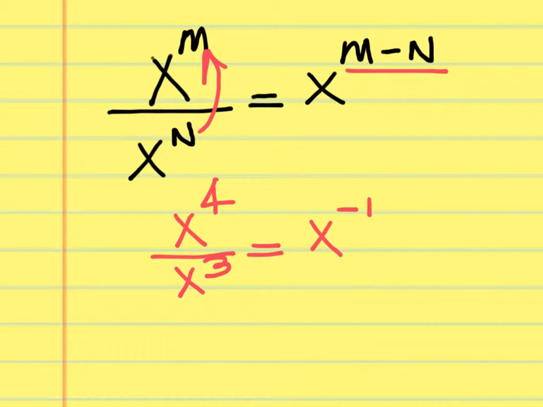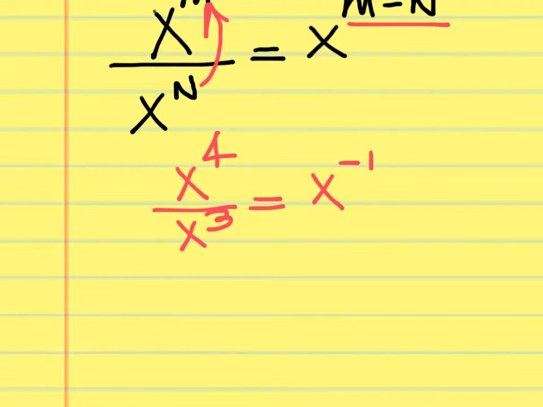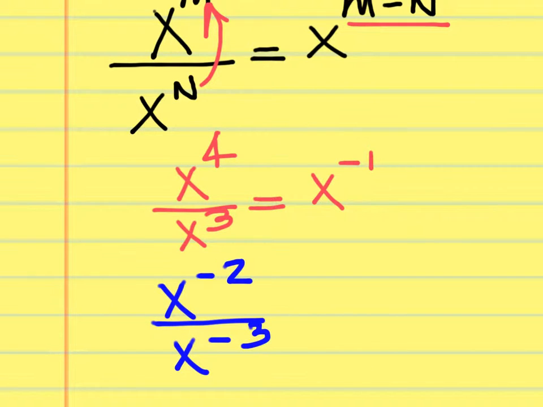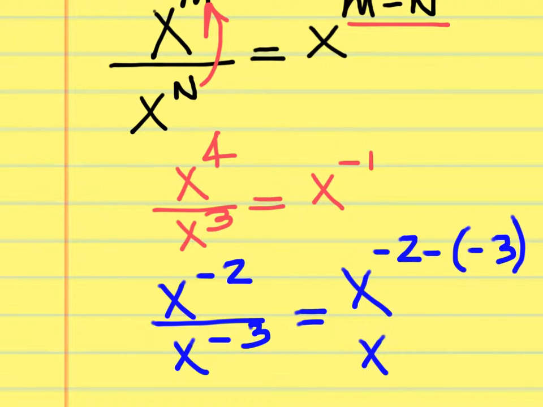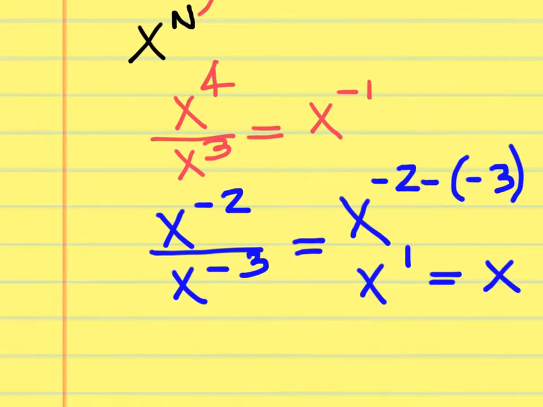If I had x to the negative 2 over x to the negative 3, that's x to the negative 2 minus negative 3. Of course, you would simplify that just to get x to the first, which is just x. No matter what they are, no matter what the signs are, you still subtract top minus bottom.